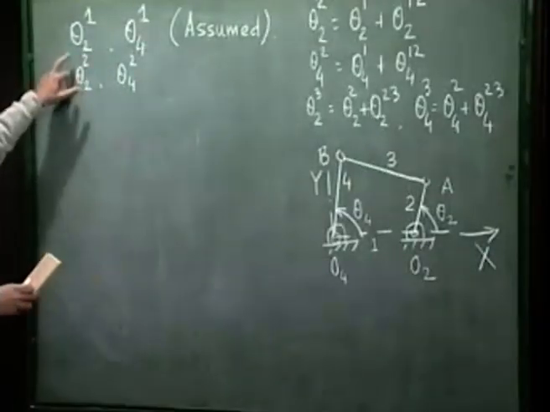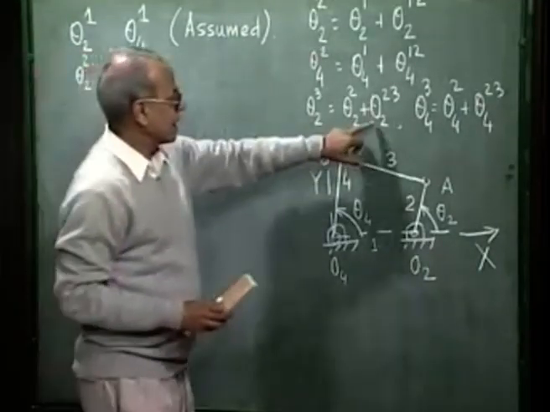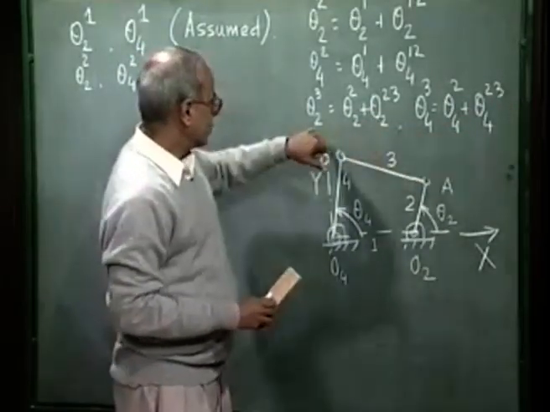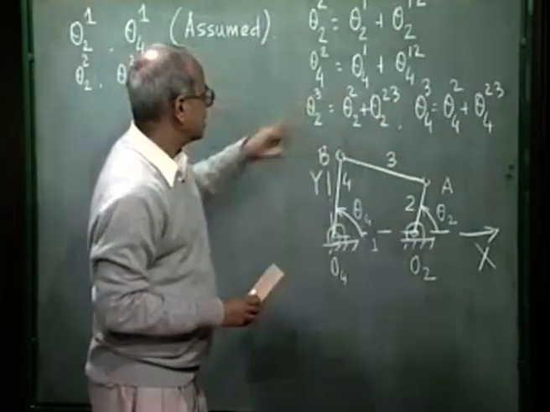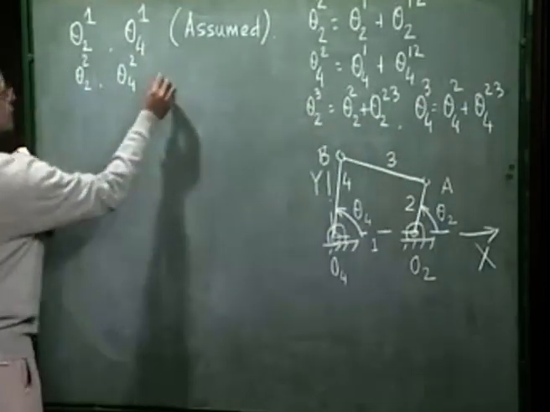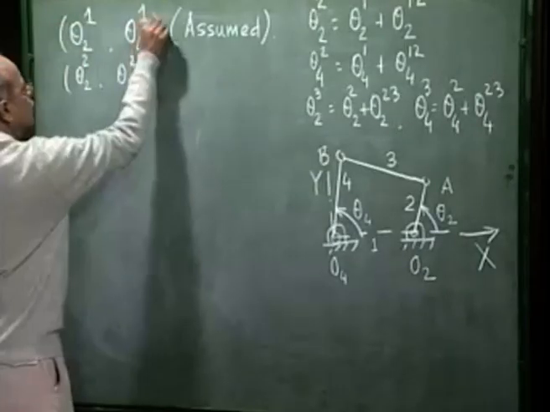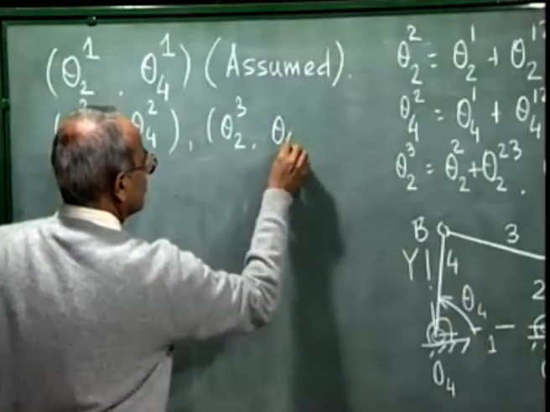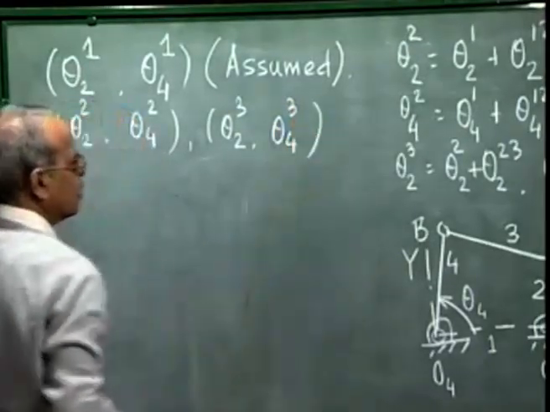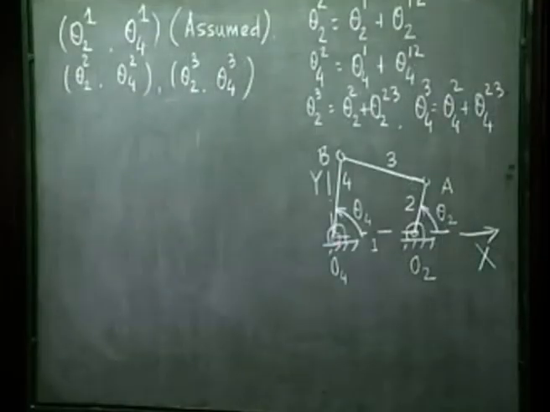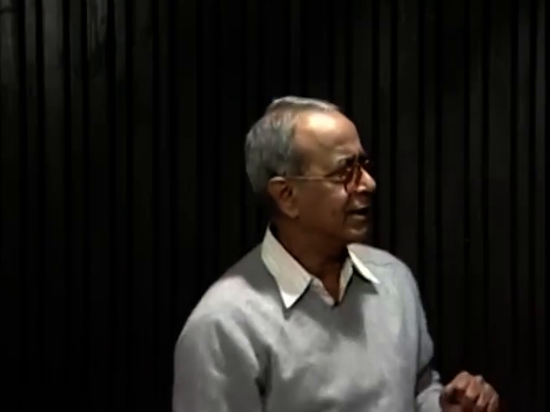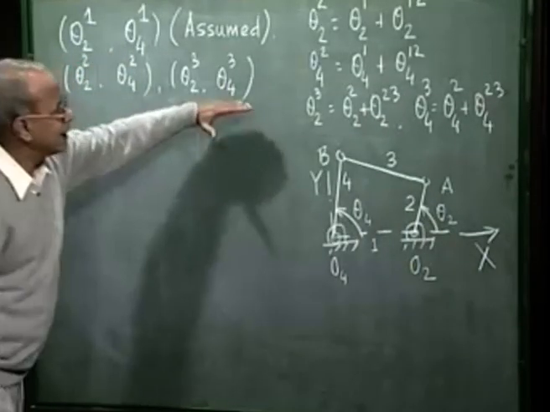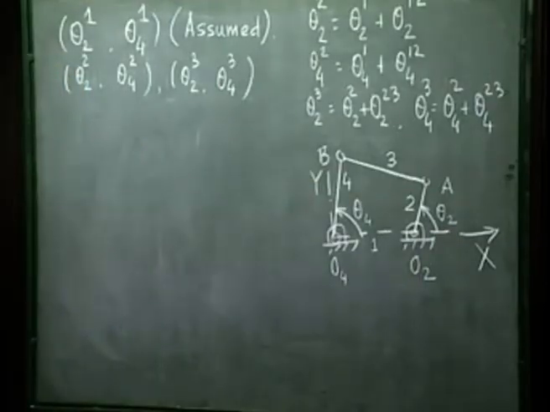So, once we know theta 2 2 and theta 4 2 and we are given theta 2 2 3 and theta 4 2 3, I can get the values of theta 2 and theta 4 corresponding to the third configuration, namely theta 2 3 and theta 4 3. So, the 3 position function generation has boiled down to determining the link lengths such that these 3 pairs of values of theta 2 and theta 4 can take place in this linkage.